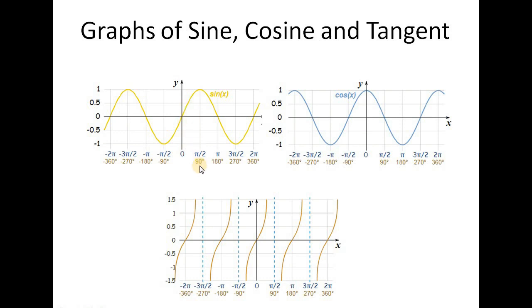We can see that for sine 90 it is clearly given as 1. Similarly, if we draw the graphs for equivalent theta values on the x-axis for cosine as well as tan, we get these respective graphs. We will explore further on these graphs and the values in the forthcoming classes.